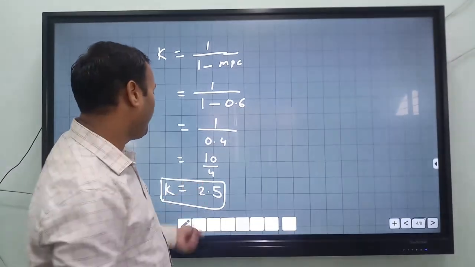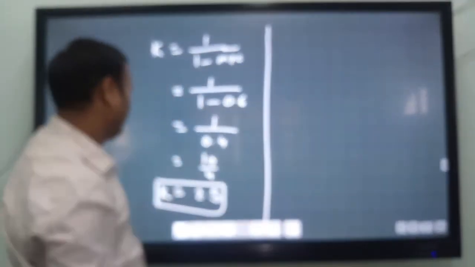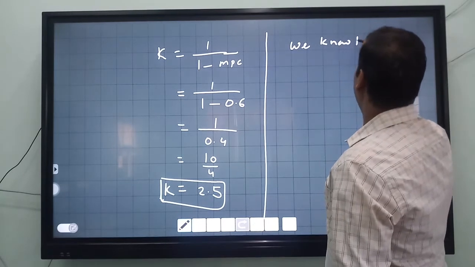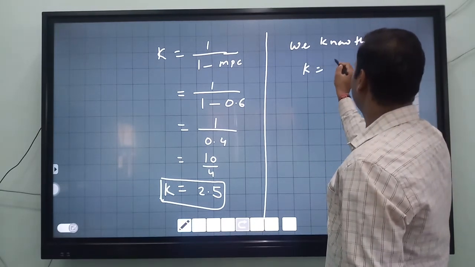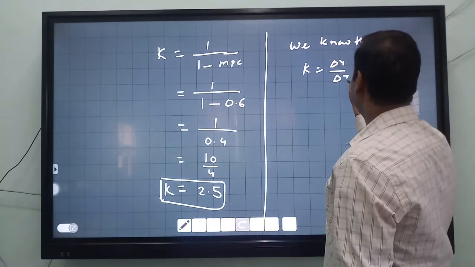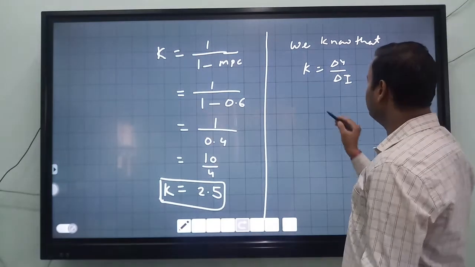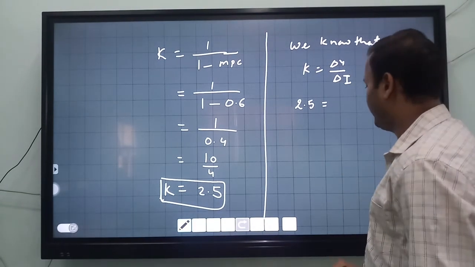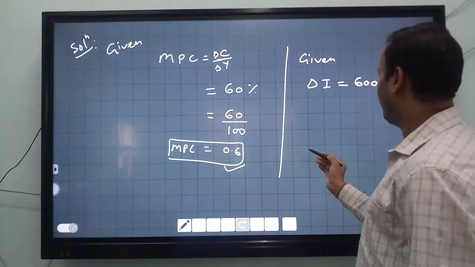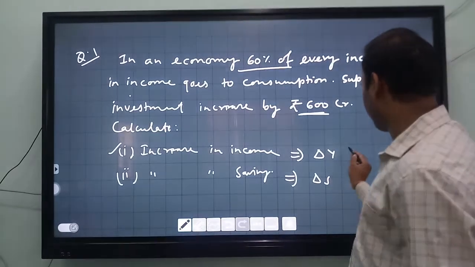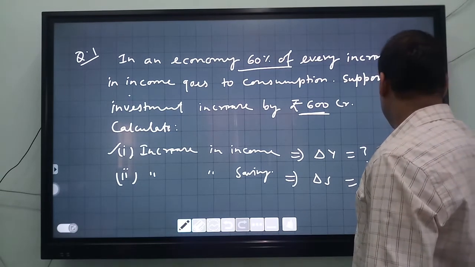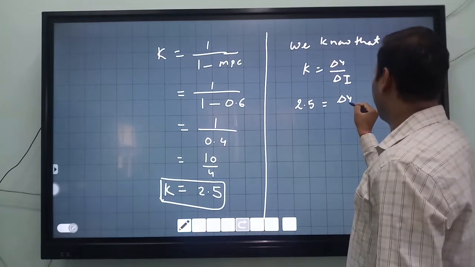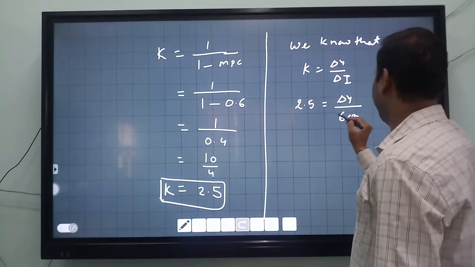K is equal to 2.5. Now we know that K is equal to delta Y upon delta I. So K is 2.5 is equal to delta Y upon delta I. Here we have to calculate delta Y and delta S. Delta I is 600.